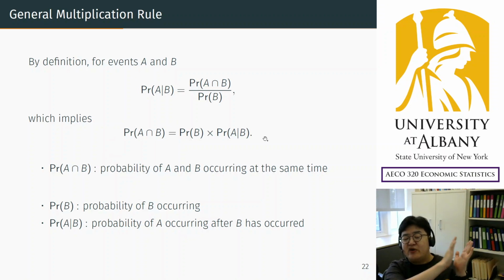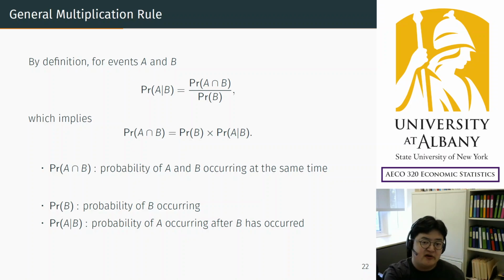Remember, in the previous chapter, we learned the addition rule. The addition rule expresses the probability of a union using simpler probabilities, especially when two events are mutually exclusive.